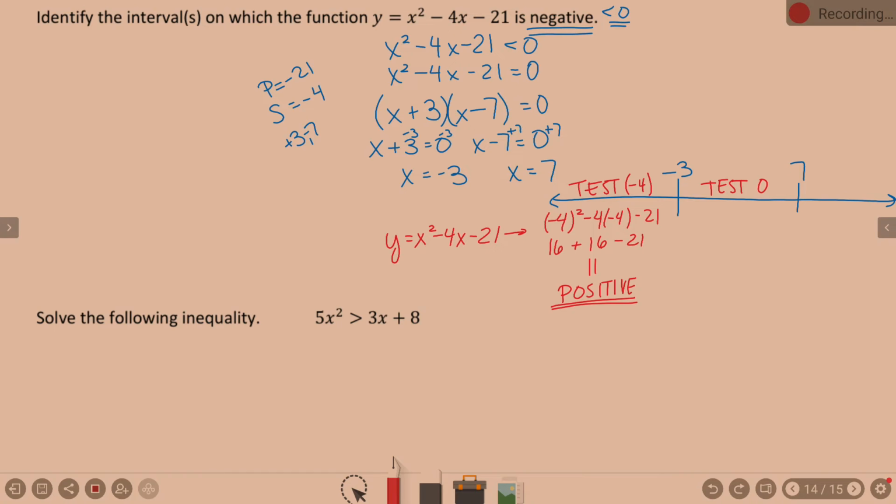Or if you want to use some other number. 0 squared minus 4 times 0 minus 21. 0 minus 0 minus 21 is negative 21, so this section is negative.